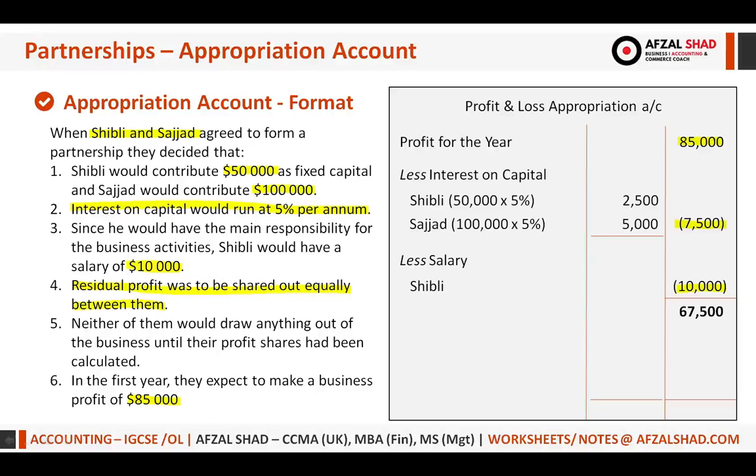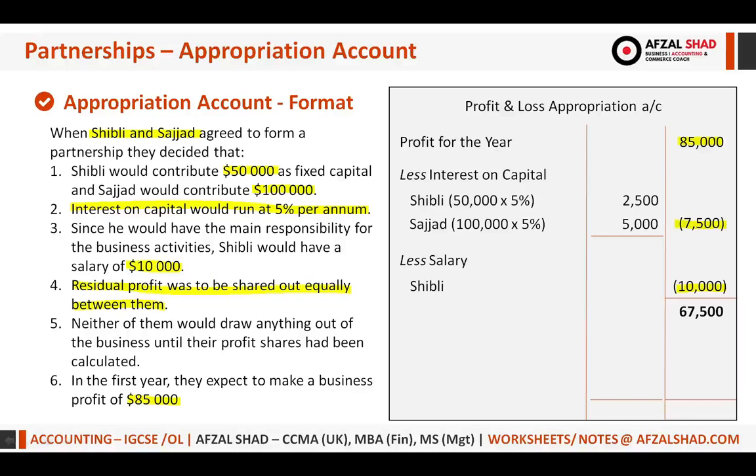Remember, in this question we didn't have interest on drawings, as we know that there are a total of 4 ingredients to be dealt with. First ingredient is interest on capital, second is interest on drawings, third is salary, and fourth is the residual profit that is going to be distributed. Over here in this question there is no interest on drawings, so we have skipped that part.